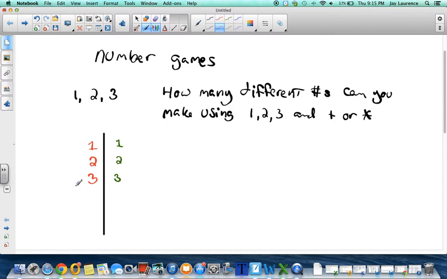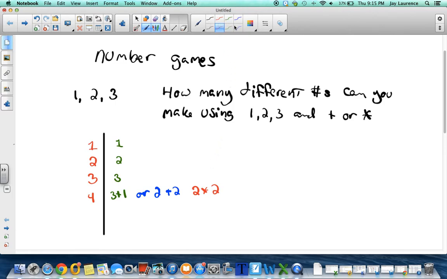Okay, so how can I make 4? Well, I could go 3 plus 1. I won't write 1 plus 3 because that would just be the commutative property. But I could use the same number twice, couldn't I? Couldn't I go 2 plus 2? That's another way. I could go 2 times 2, right? Okay.